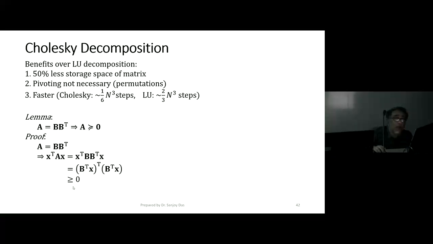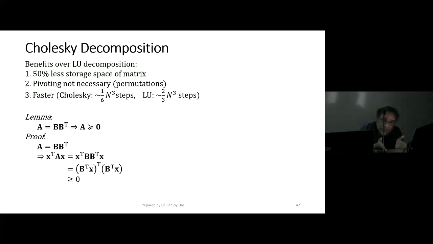When will this inner product be equal to 0? When B transpose, or same thing as B, is not full rank. Right? Only in that case, if this is not full rank, then B transpose X for some non-zero X would be equal to 0. But for any non-zero X, if this is strictly greater than 0, it automatically means that B transpose, therefore B, is full rank.